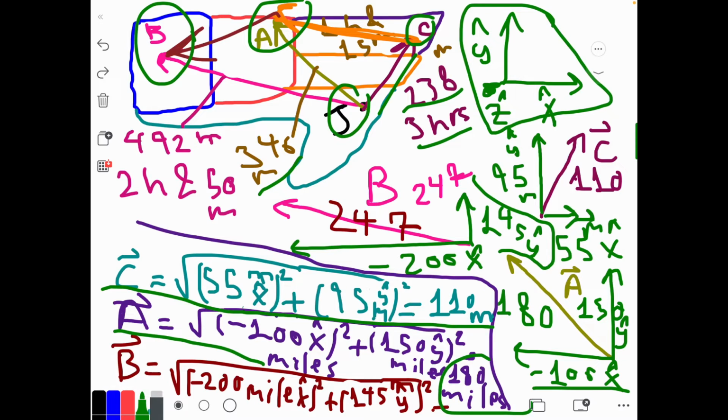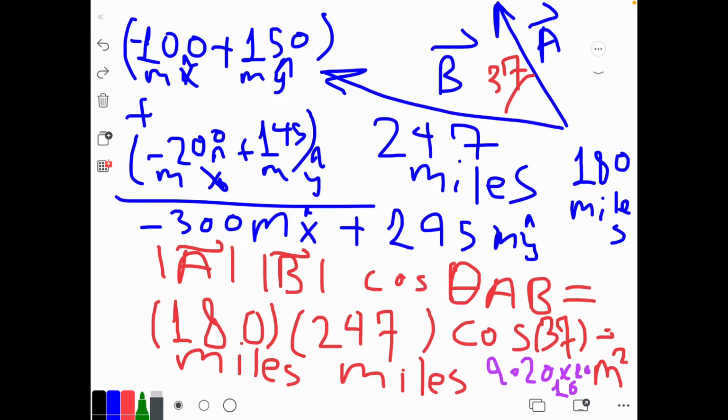The magnitude formula gives you negative 200 miles x hat squared plus 145 miles y hat squared, and you're supposed to get 247 miles. So we have negative 100 miles x hat plus 150 miles y hat for Atlanta, and negative 200 miles x hat plus 145 miles y hat for Birmingham.